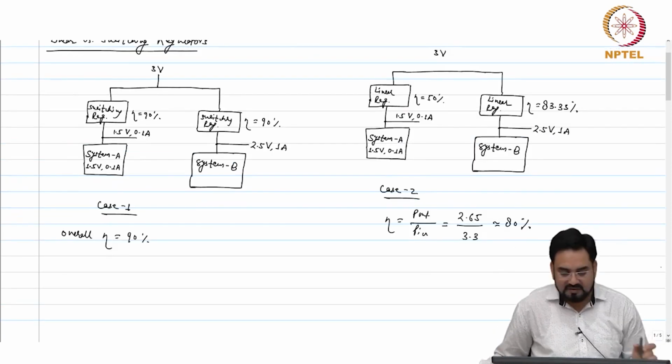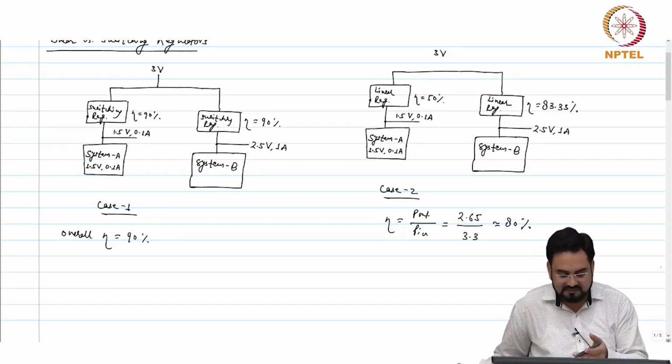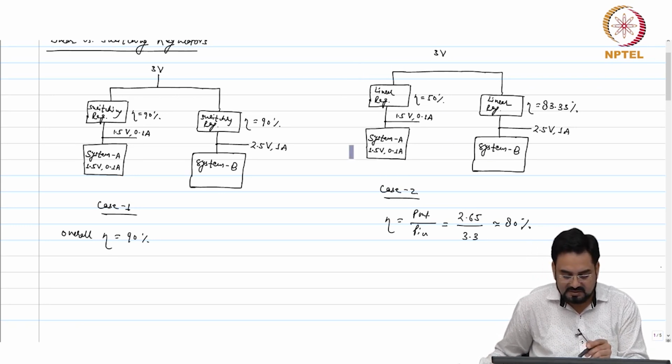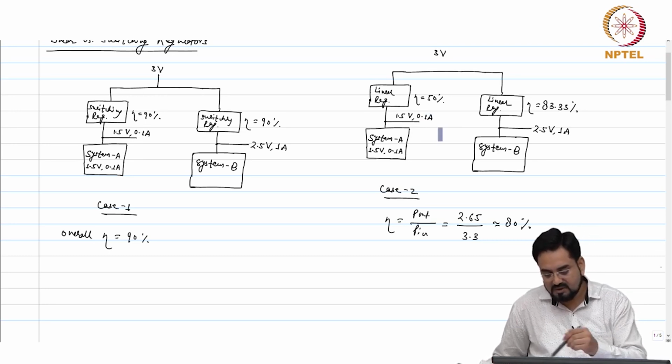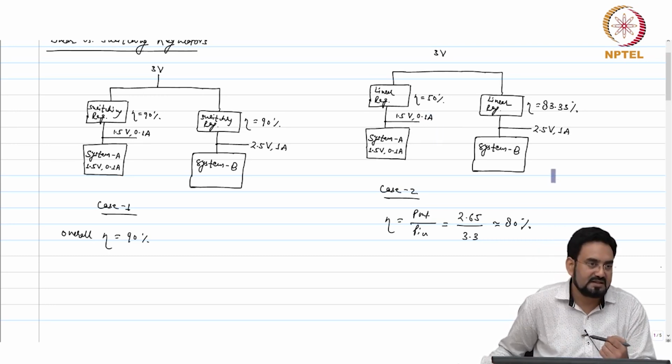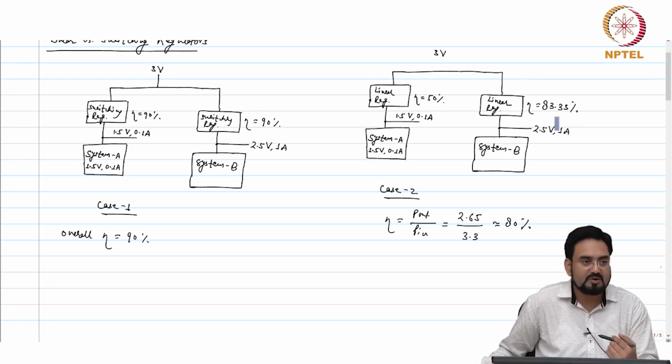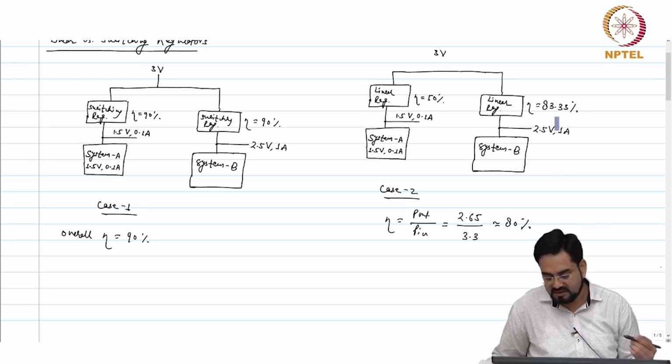Now if you see the left hand side in case 2, your linear regulator which is delivering 100 milliamp current or 150 milliwatt of power has 50% efficiency, but the overall efficiency is dominated by the right hand side, because that is 83.35% and we are delivering more power through that regulator.